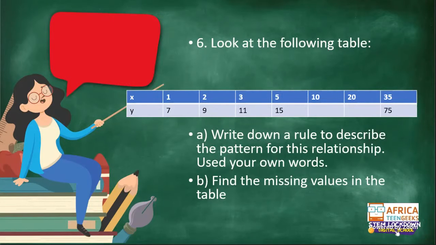Times 2 and plus 5. Exactly, yes. And the 2, how did you get it? 9 minus 7 gives you 2. 11 minus 9 gives you 2. All right. So the constant difference there is 2, and if you multiply 2 by 1, you get 2, and then plus 5 gives you 7.